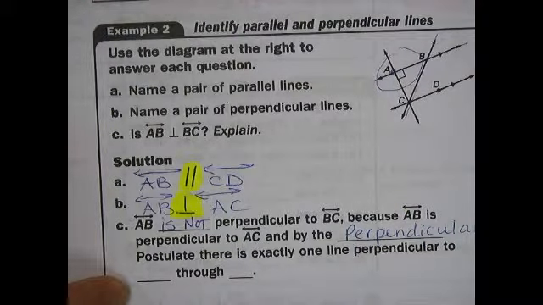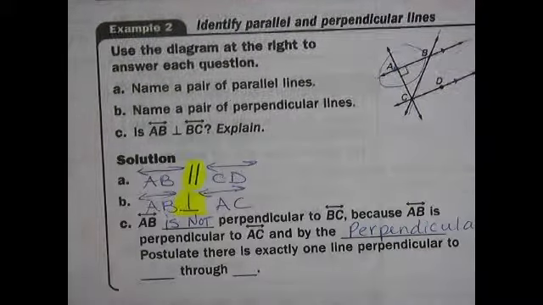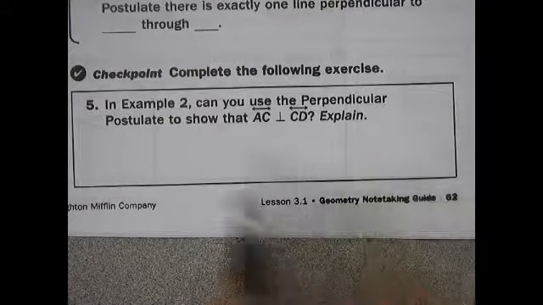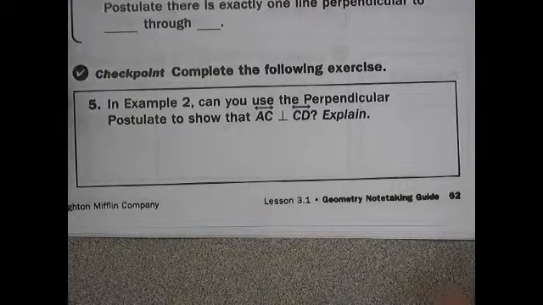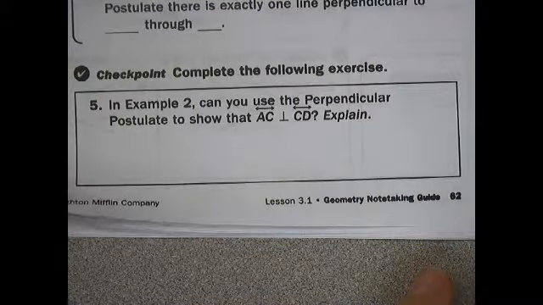So AB and BC cannot be perpendicular because AB and AC are already perpendicular through this point. Okay?